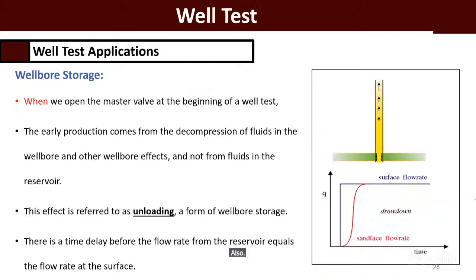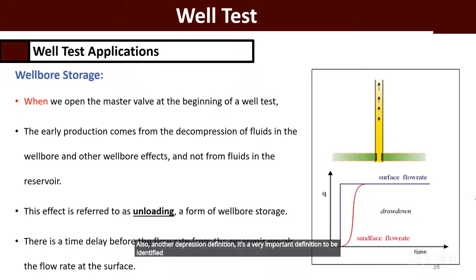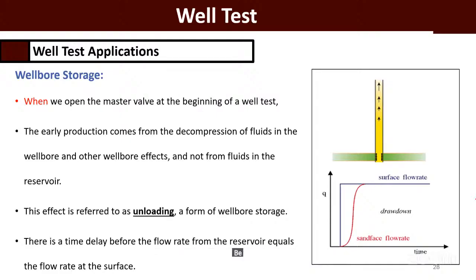Also, another very important definition to be identified is the wellbore storage. So if we open the master valve at the beginning of the well test, when we shut in the well, the fluid will rise to a level equivalent to the pressure of the reservoir.